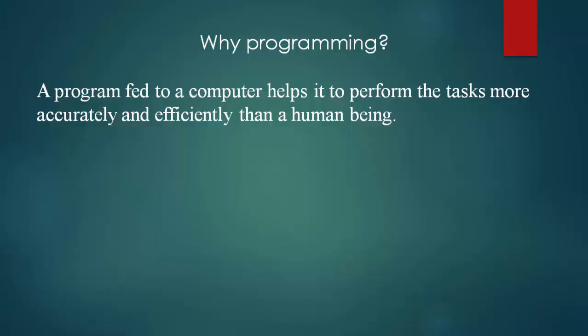Even an mm counts. As humans, there is a chance that we can miss out on those mms. So that is why we replace humans with robots which are programmed using a computer so that you can get more accurate and efficient work as the output.